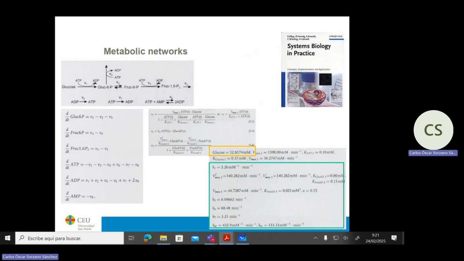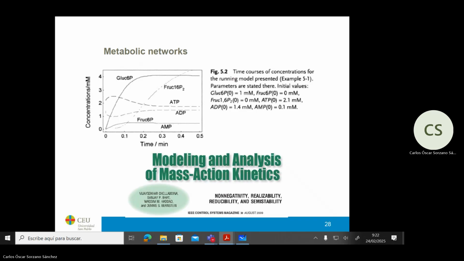So if you have parameters for that, and you have the initial conditions, then you can very easily simulate what will happen with all these species. And this is an example of that. So if you have the initial concentrations and you have the parameters, then you can easily say what will happen with each one of the species.